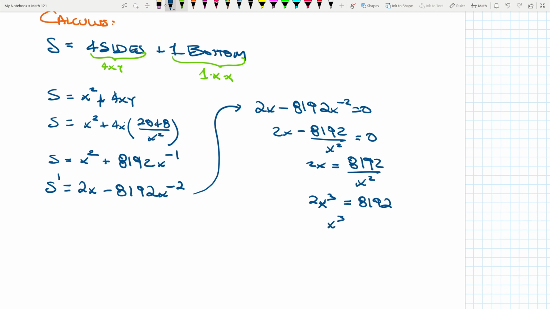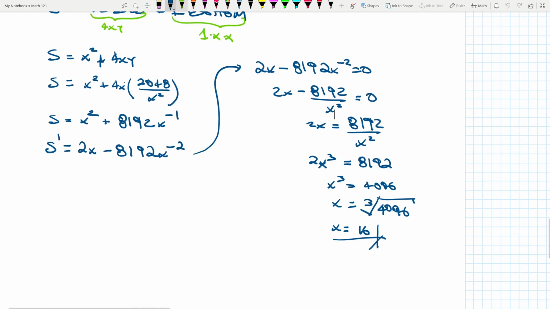Divide both sides by 2 to get x cubed equals 4096. And x will be the cube root of 4096, which in this case is another perfect cube, that is 16. So we have the dimension x. Now let's of course show that this will indeed be a minimum.